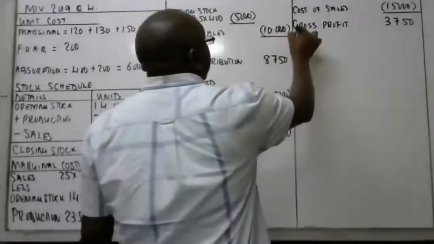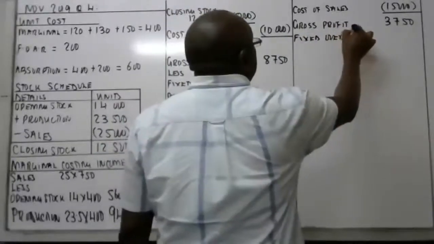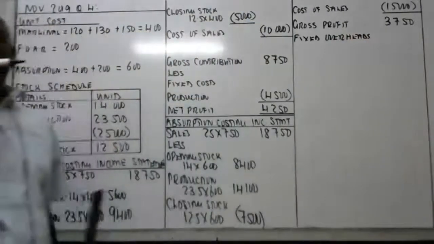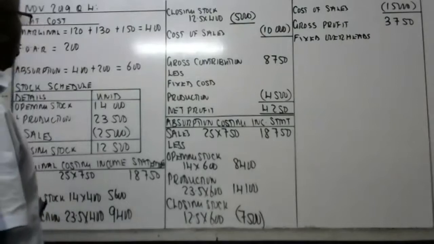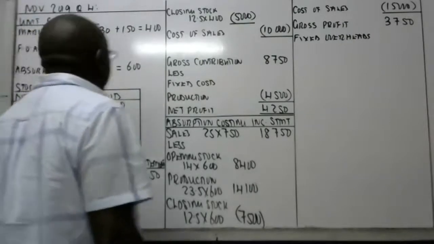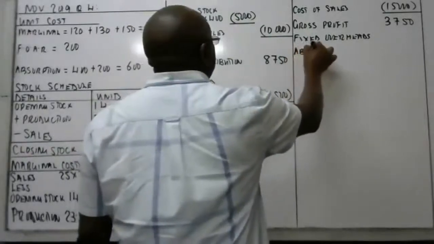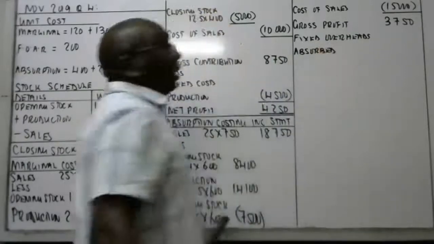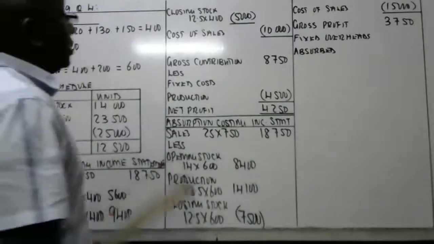Then you say fixed overheads. So the fixed overheads, we have absorbed, unachukua hizo ya 200.